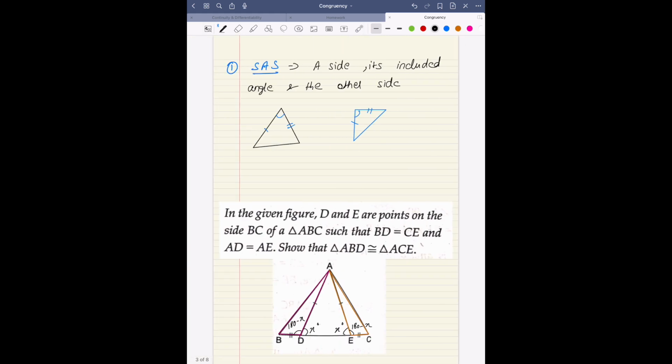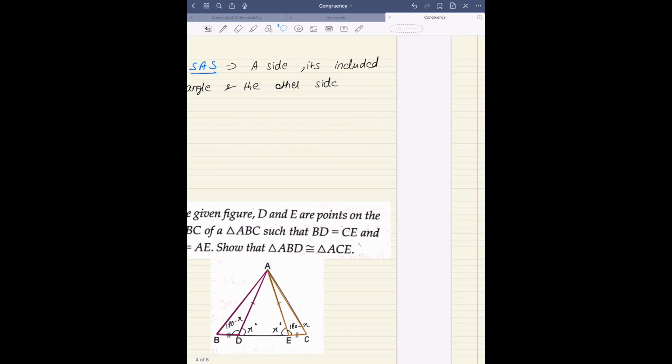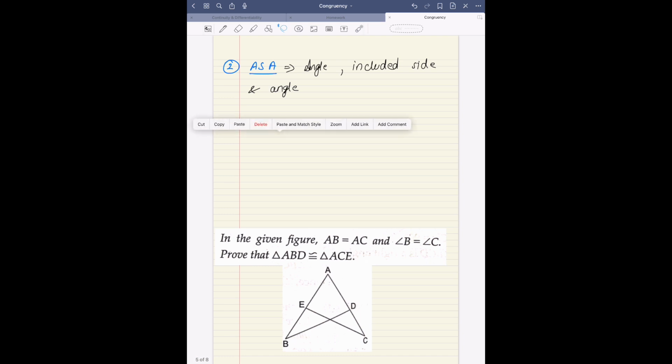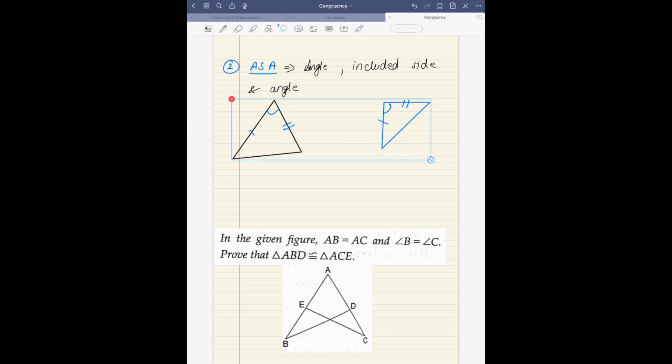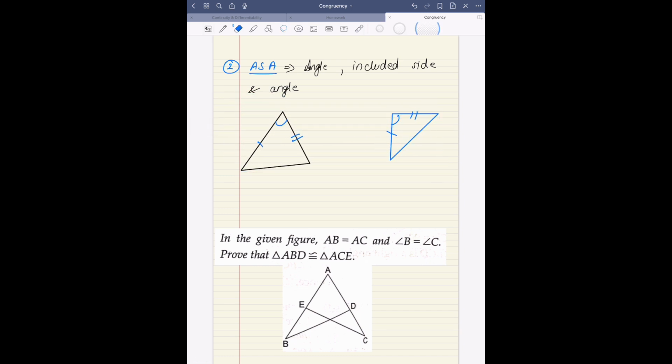Let me use the same triangle. Paste it over here. I'm going to increase the size. Now I'm going to remove one, because you only need one side.